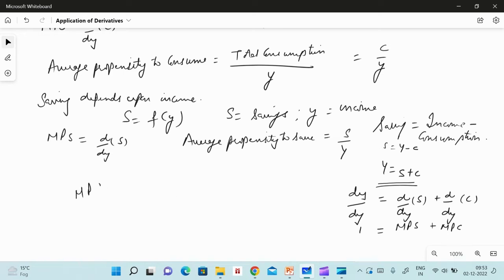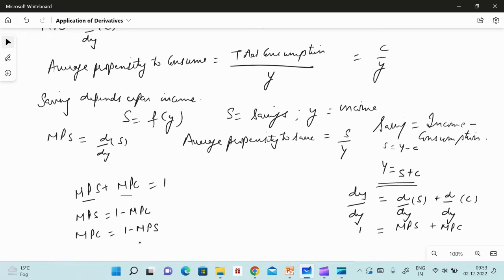So we can say that MPS plus MPC is equal to 1, or if we have to find either one, we can take the other variable to the other side. MPS is equal to 1 minus MPC, or MPC is equal to 1 minus MPS. So these are the basic formulas, right?